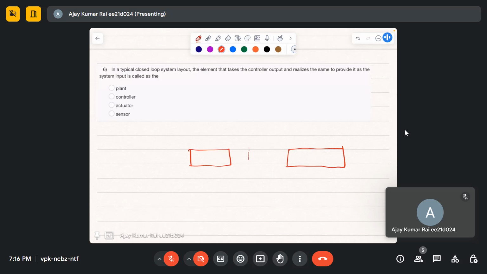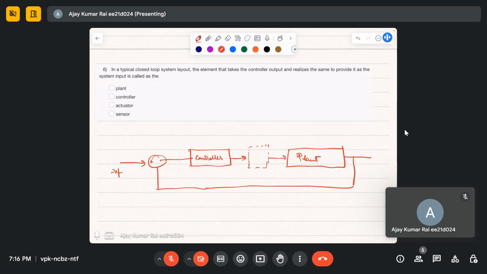In between you have something. Let's take unity feedback. This is the reference with plus and minus, and this is the error. The sensor is here.